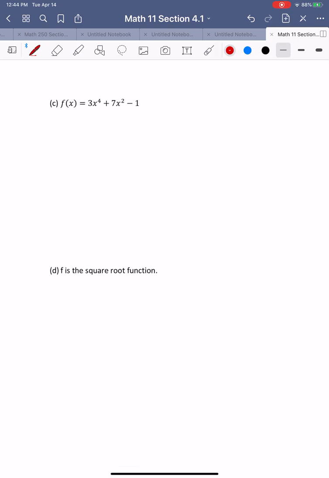All right, now when you have real functions, you can check with the degree. The degree of the first term is 4, the degree of the second is 2, and a constant always has degree 0, which means 4, 2, and 0 are all even numbers.